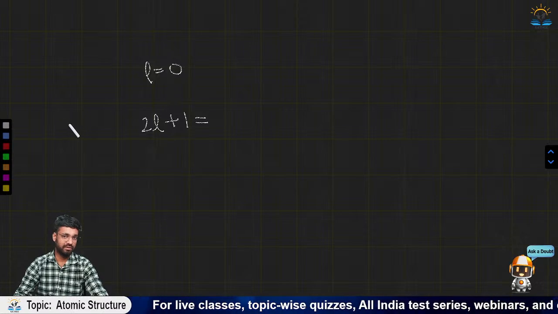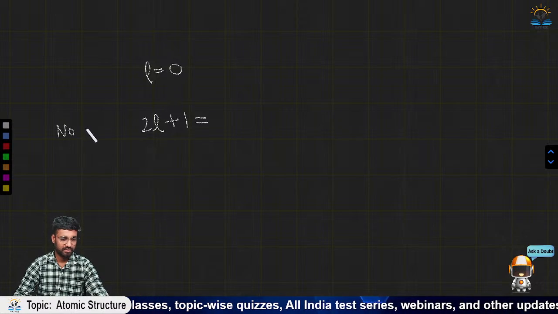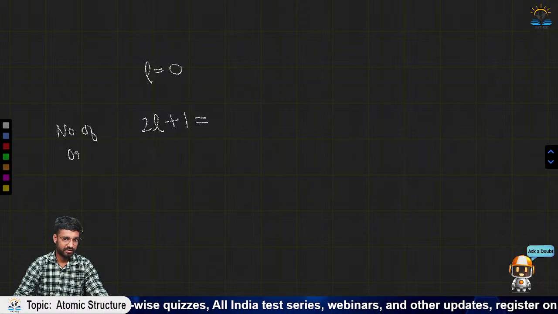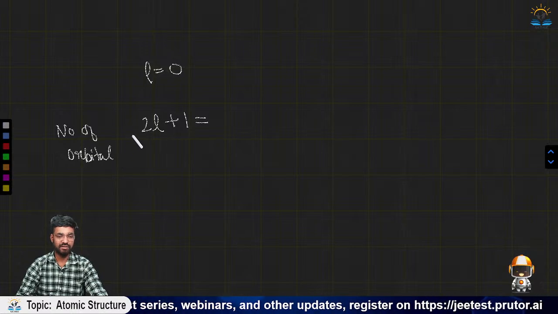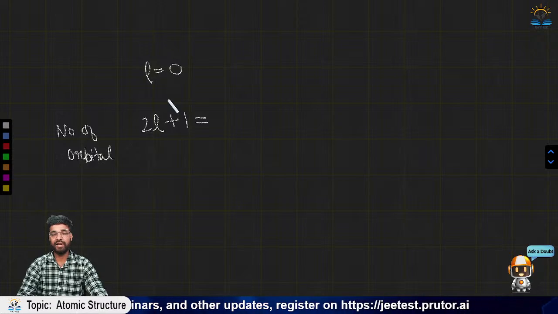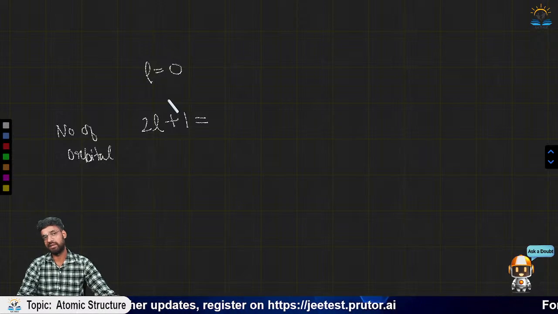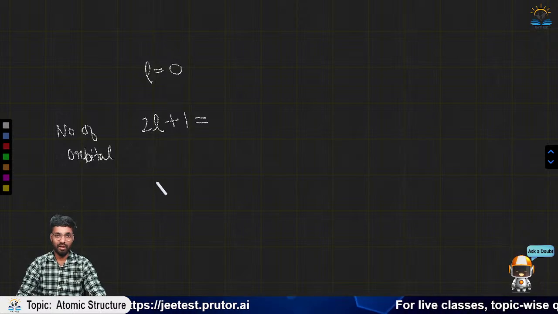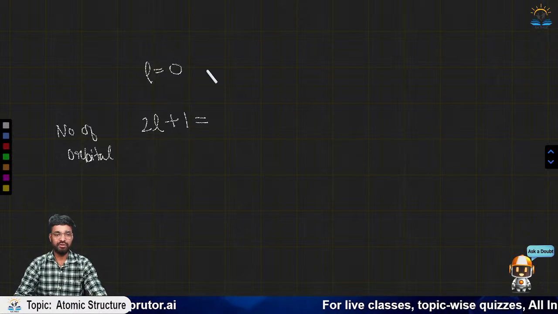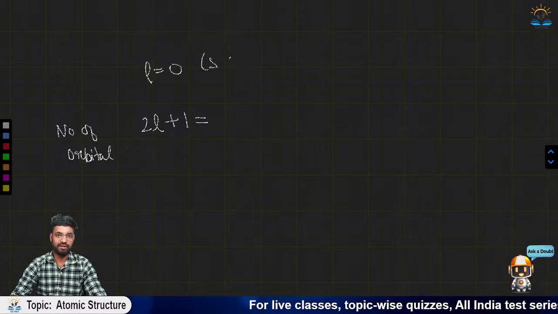So it is the formula for the number of orbitals. For the number of subshells we have n, that is the value of n. But for the number of orbitals, it will be 2l plus 1. So L is equal to 0, that is for the s orbital.